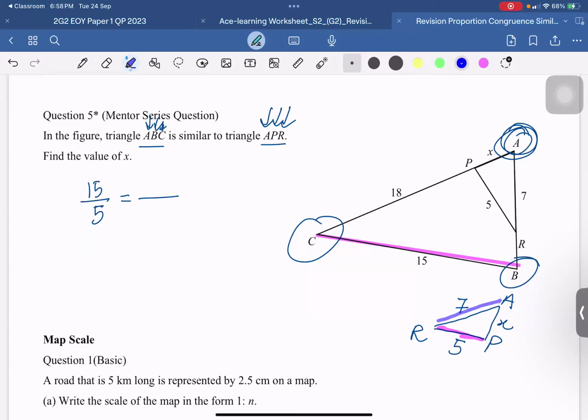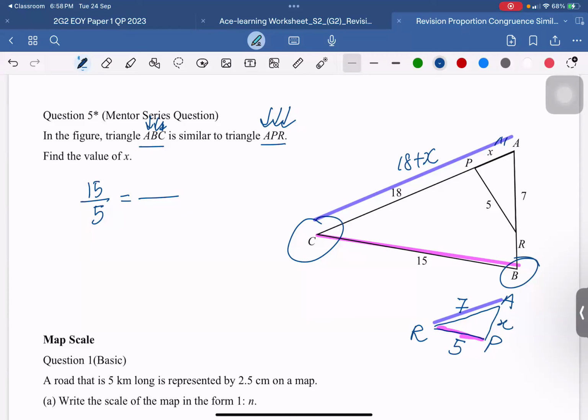AR is 7. AC, not PC. AC, the whole thing is 18 plus X.